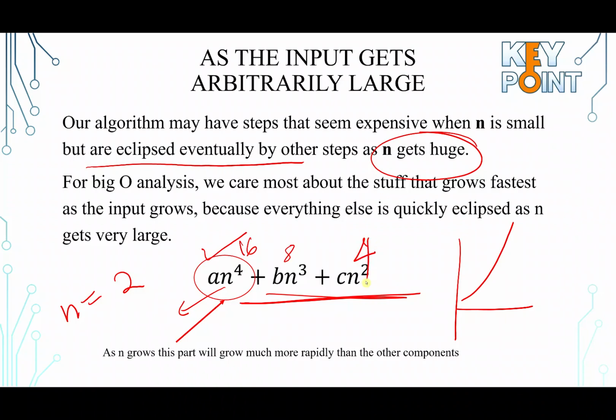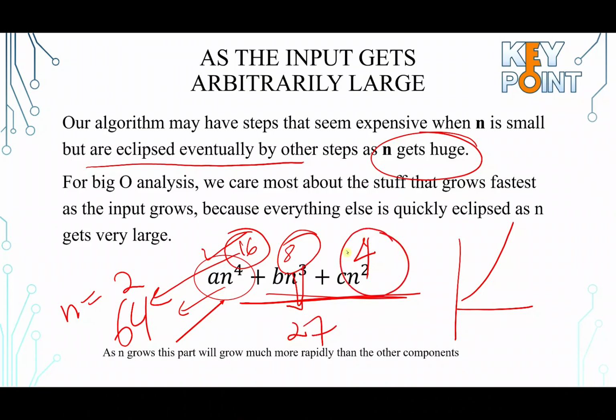So as you can see, this is going to grow fast, because when you make n 3, this becomes 64 compared to the 16 when n was 2. This becomes 3 times 3 times 3, which is 27 compared to the 8. This is 9 compared to the 4.